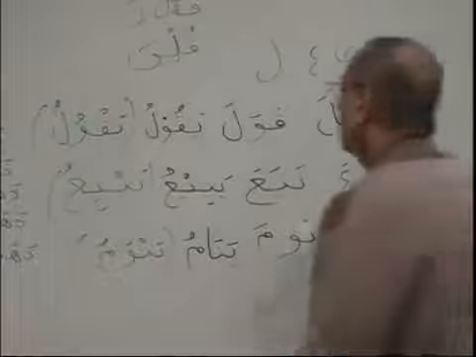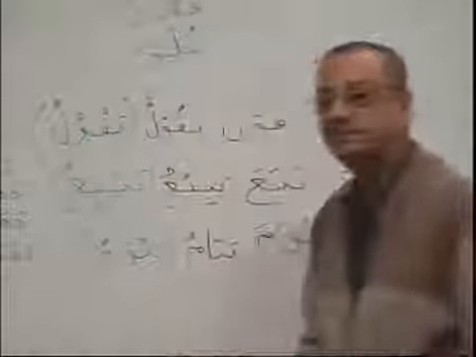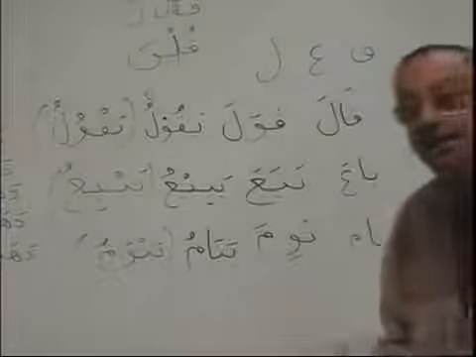Now the problem starts here again. Kala yakulu. Are you with me, brothers and sisters? Now if I want to make this into sakin, majzoom, Sister Hafza, I want to make yakulu into majzoom because lam has come. As soon as I put sukun, there are two sakins now. Iltiqa sakinain.